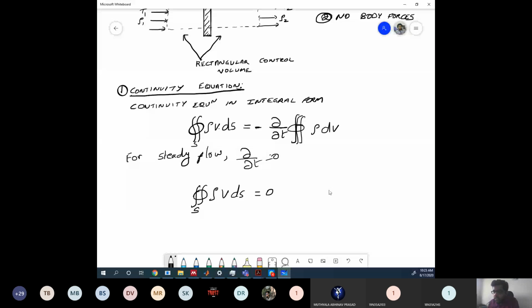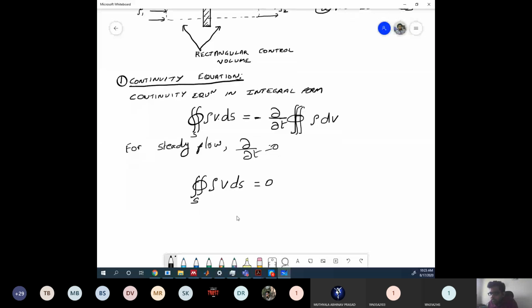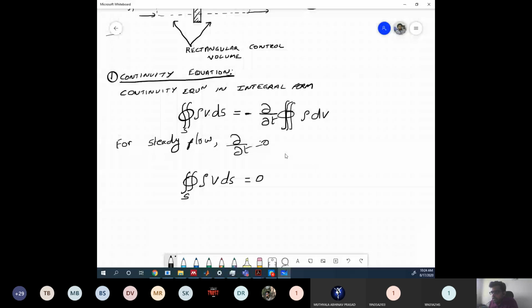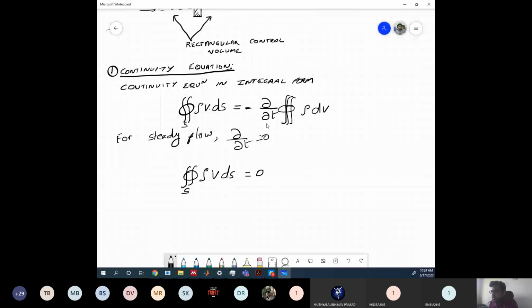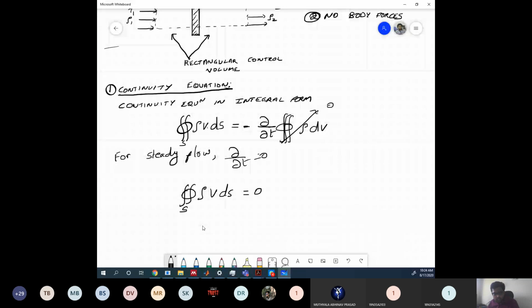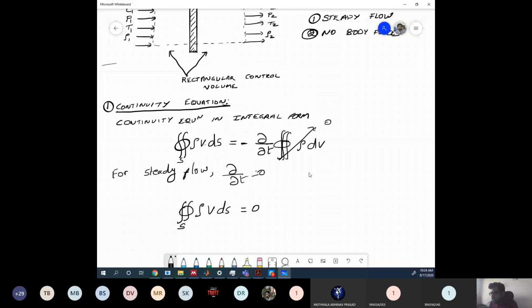Now, as I said, we need to evaluate this integral over the entire control surface. For steady flow, this term has gone to 0. Now we have to integrate it. This capital V is Ui plus Vj plus Wk.